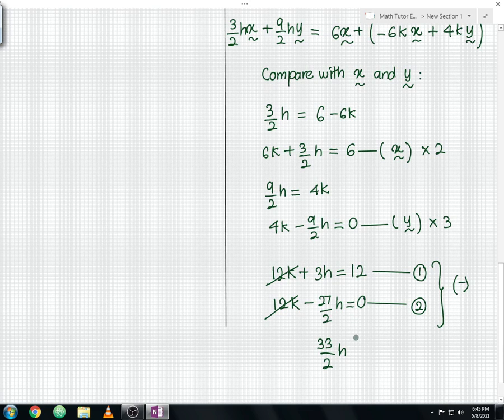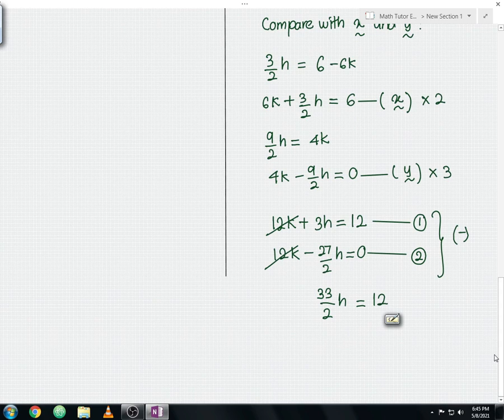As your right hand side, you'll get equals to 12. So 33 over 2h is equal to 12. The 2 you times 12, so 33h you get equals to 24. To find the h, you divide 24 with 33, and you should get h is equals to 8 over 11. Let me underline the first solution and not to forget the fraction as well.